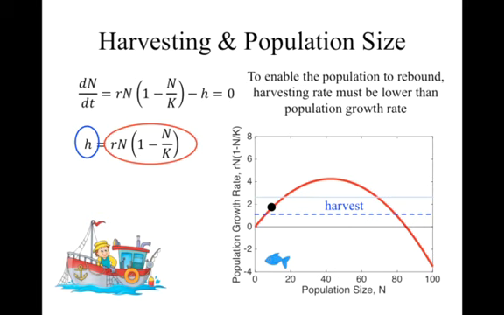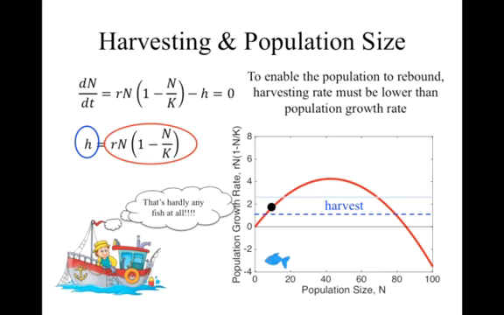I'm going to get more births, take a little bit less, more births, and my population's going to climb. So what that means is my harvest there has to be somewhere quite a bit below 2. It has to be about 1 fish per acre per day in order to allow the stocks to recover. And as long as I harvest at some level below where I'm at on that red curve, then the fish population will grow.